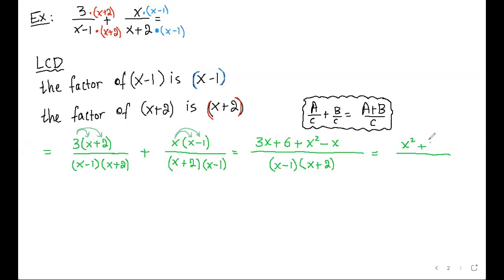Plus 2x, exactly. And we have only the number 6. Plus 6. And the denominator, we keep it, we don't have to expand it. So we keep it like this, x minus 1 times x plus 2. And this is my final answer.